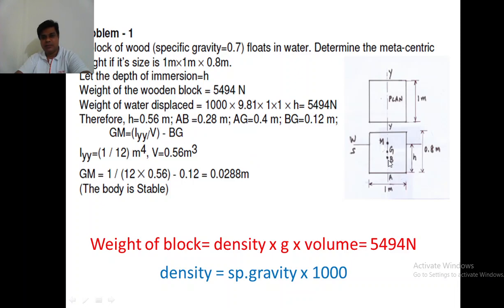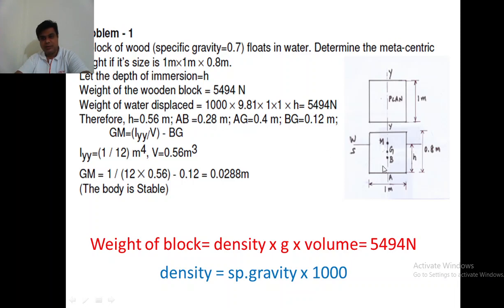So what will be AB? AB will be half of this h. The center of buoyancy will be half of the object height which is below the liquid surface. So half of h is the center of buoyancy, from the bottom it is AB, which is 0.3 meters.